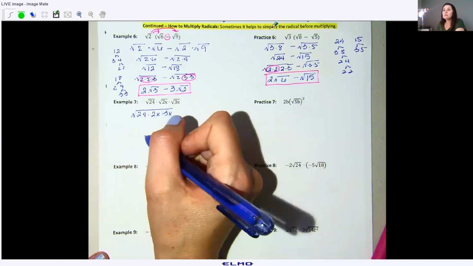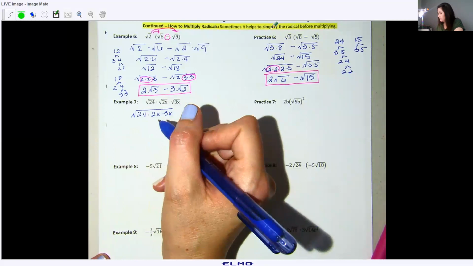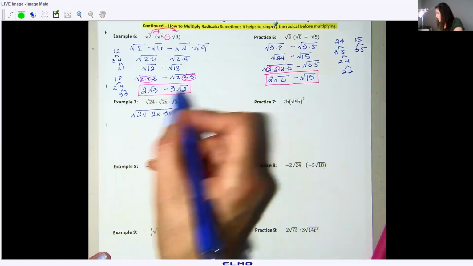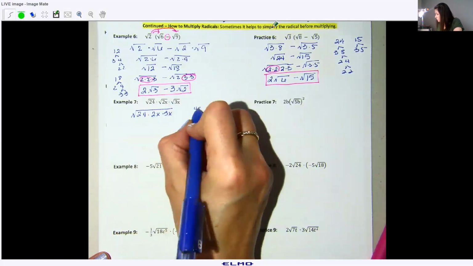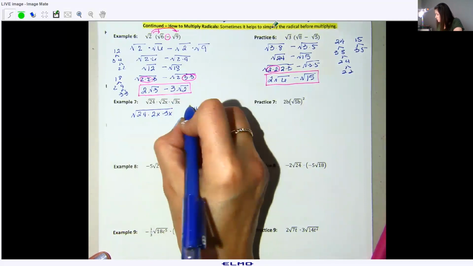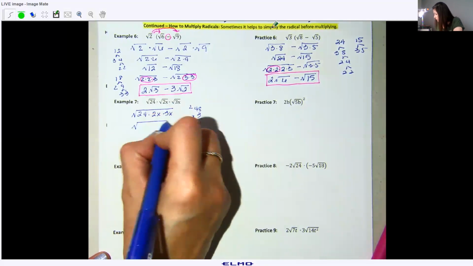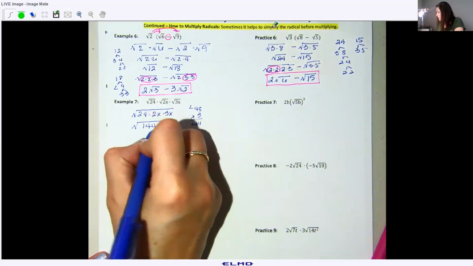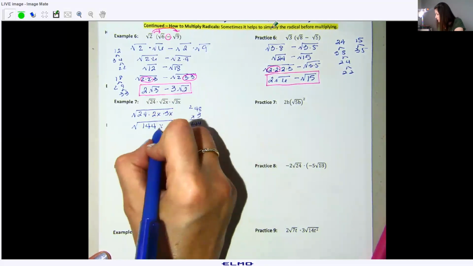When we have something like this, we multiply all the coefficients together, and then we add our exponents. So we basically have 24 times 2, which is 48, and then 48 times 3 is 144. So we have a square root of 144. And then we have two x's, so we add those exponents and we get x squared.